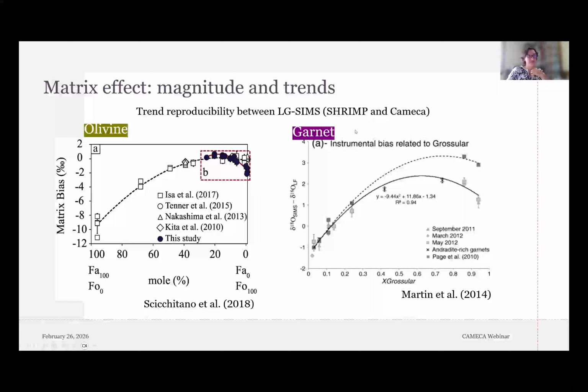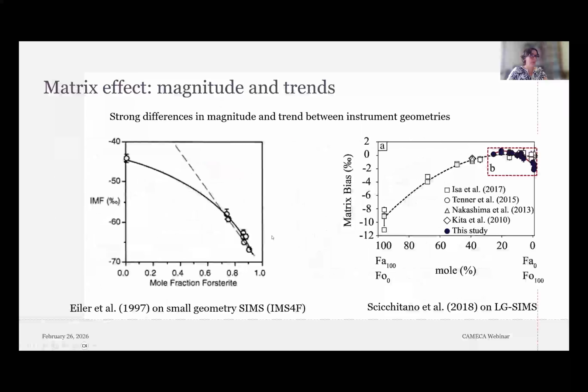So here, typically, SHRIMP and CAMECA. And I show here an example for olivine from Cicitano 2018, and here for garnet. And we see that the two different data sets are very consistent for both types of instrument.